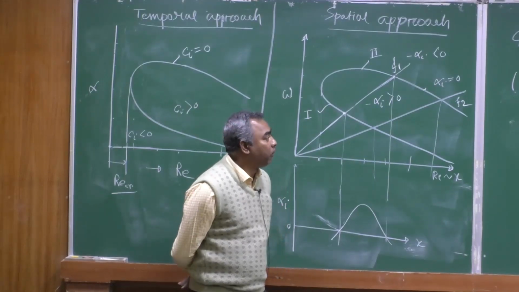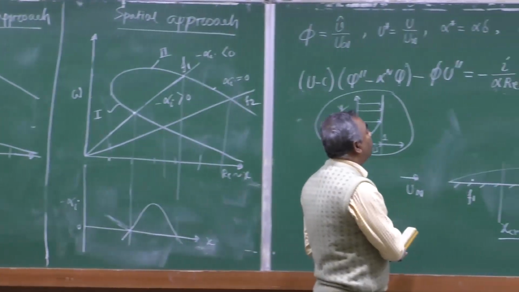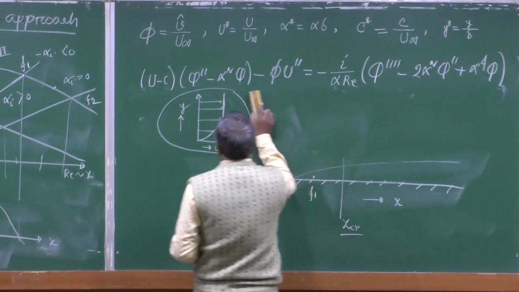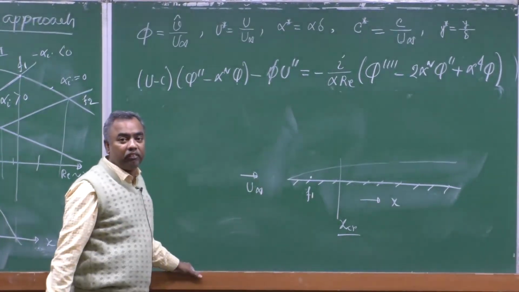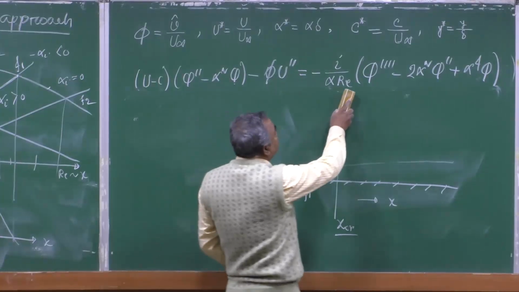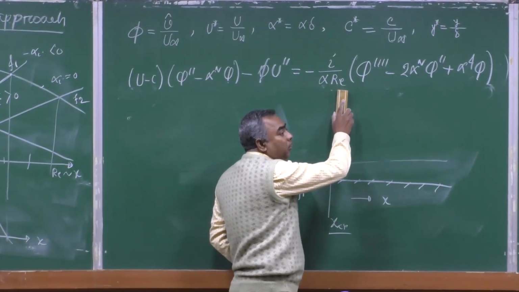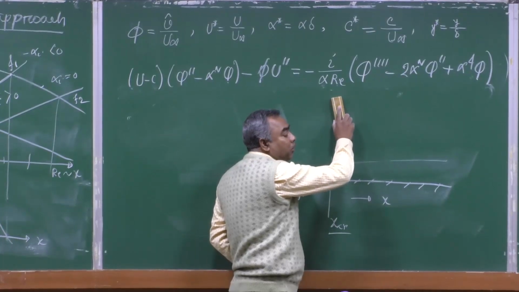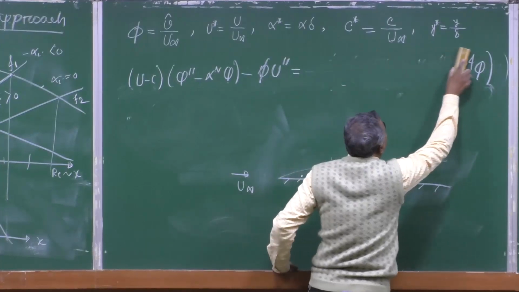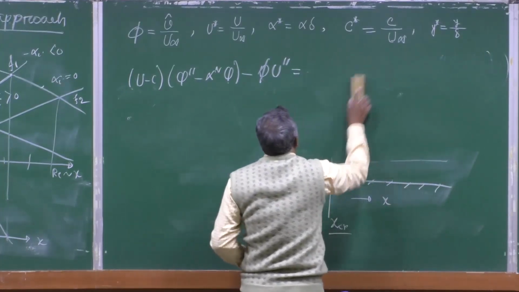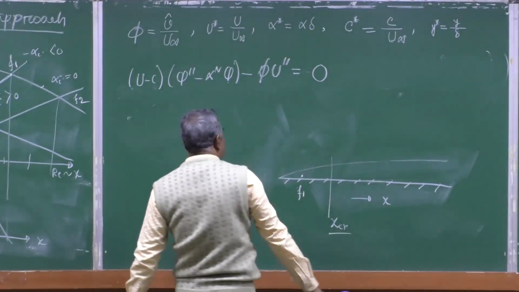So, they considered that to find out the stability, it is enough to consider the left hand side of this equation, since the viscous part can be considered a stabilizing effect on the flow. So, you only talk about the inviscid instability, that is, considering the right side of this equation to be 0.